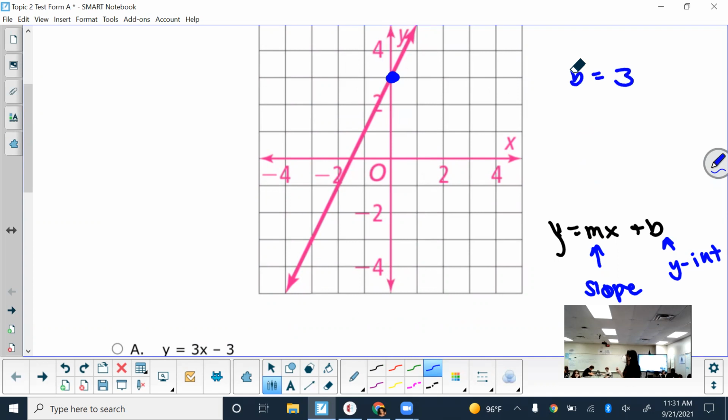How can I find m? Rise over run, good. I told you that you need to look for points that go through what? You guys remember? What points would be best to use? Whole numbers.